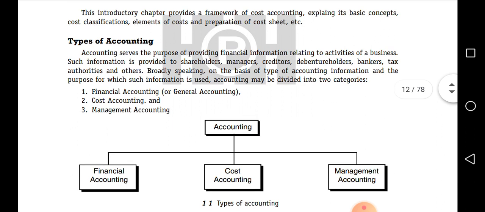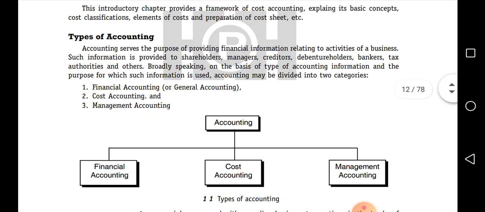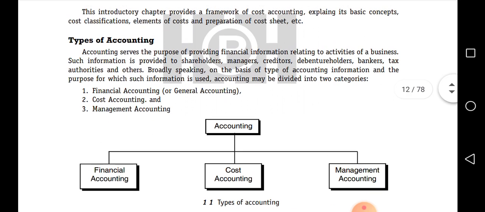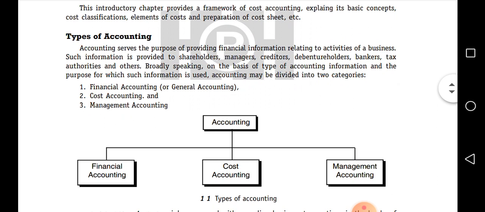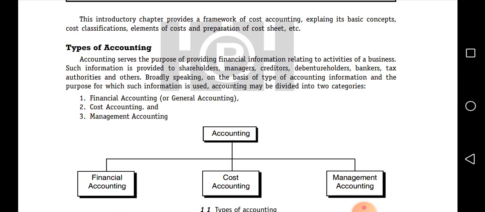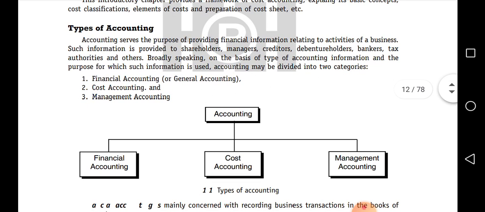Financial accounting you studied in your first semester, financial accounting and advanced financial accounting. Cost accounting you are going to study in your fourth semester, and it continues in the fifth and sixth under other names. And management accounting you are going to study next year.